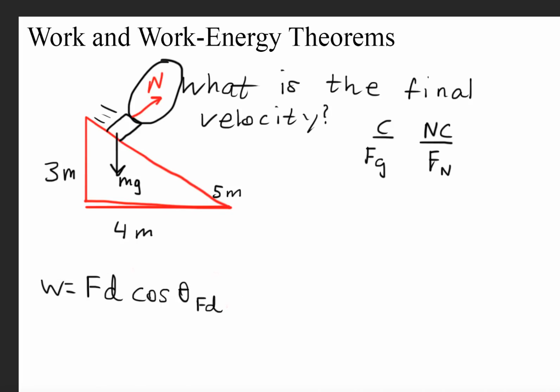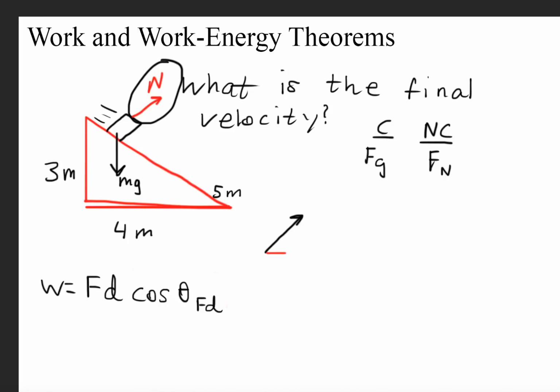Well, we know there's a force done by the non-conservative force. We know the distance it travels because it'll travel down 5 meters right here. And the angle in this case is 90 degrees. If you take a look here, our normal force is pointed this way, and the displacement is going that way.